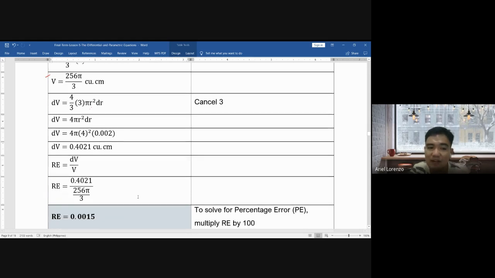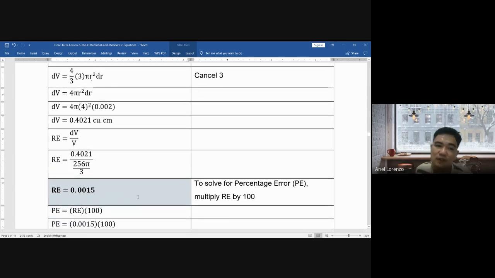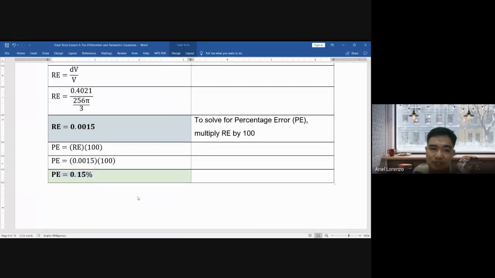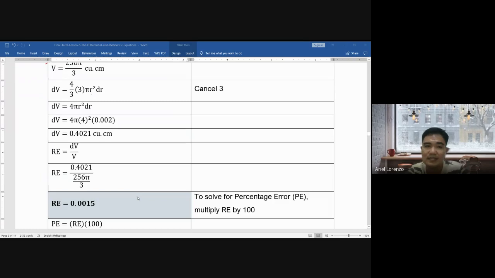And the relative error class is derivative of V all over V. So simplify, 0.0015. Okay? And to solve for the percentage error, you just multiply 100%, so that is 0.0015 times 100. Okay, so that is 0.15%. Don't forget to write your percentage sign. May question kaming ganyan sa final exam. Okay? There is a question like that in the final exam.